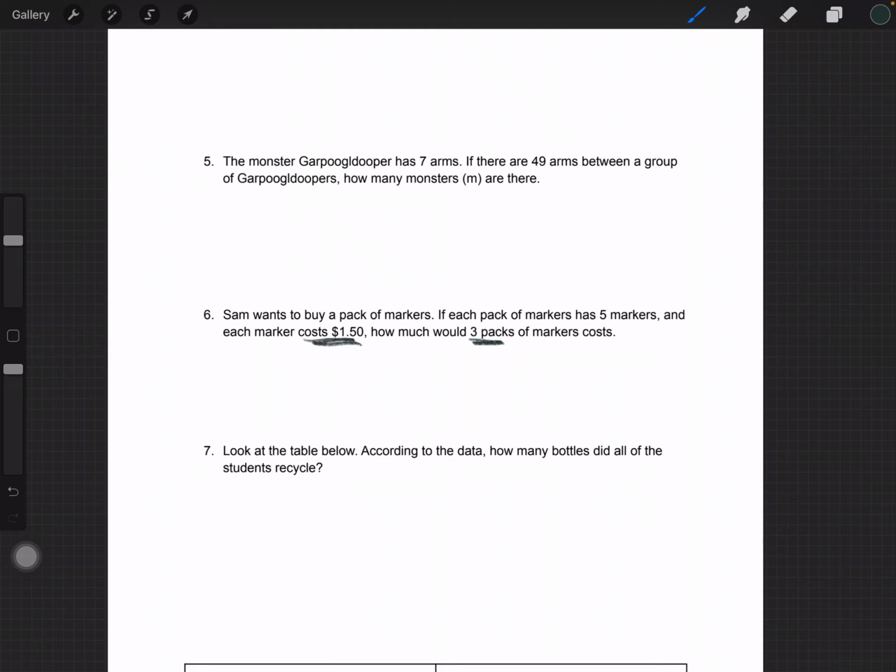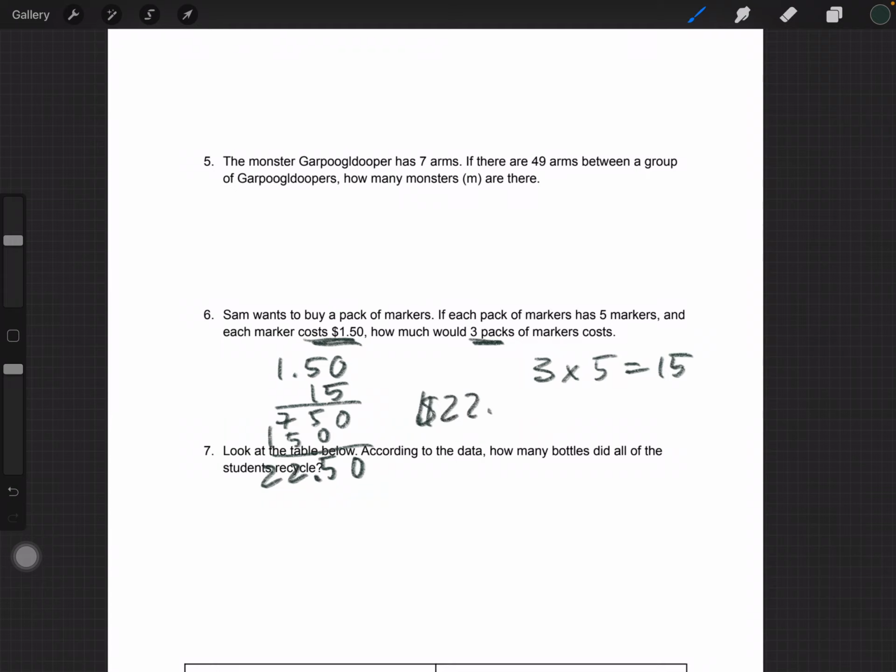Each pack has 5, so 3 packs with 5 each gives us 15 markers. And each marker is $1.50, so we put $1.50 multiplied by 15, which would get us $22.50.